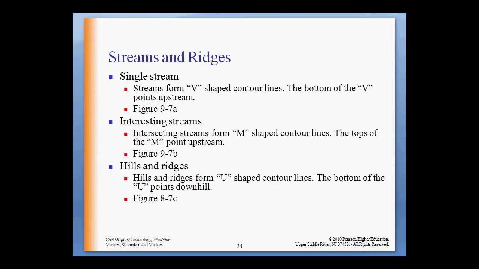Again, streams and ridges, we mentioned that the V points towards the top, and where two streams meet at one point and then collect and go down a larger stream, that usually intersects in an M-shaped contour. At hills and ridges, the author directs you to page 640, figure 9-7C, where you can see how the hills and ridges form U's, whether they're at a hill or in a valley.